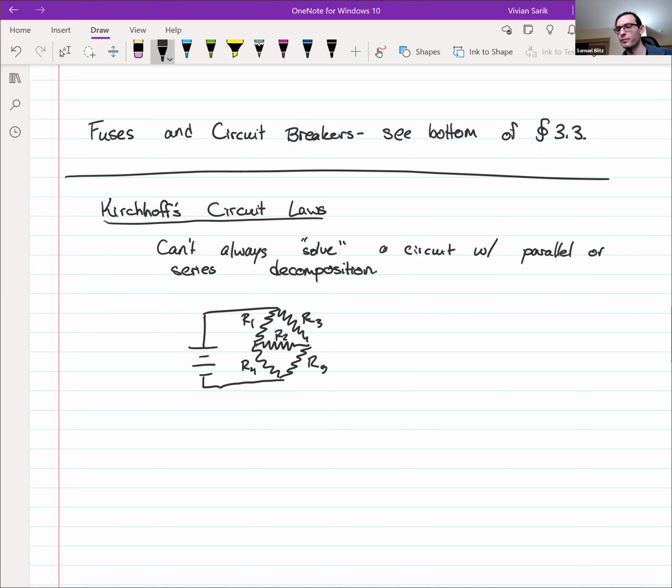It's the diamond of resistance, right? So you can't break this down using parallel and series resistors. And the reason for that is because no two resistors are in parallel or series with each other.